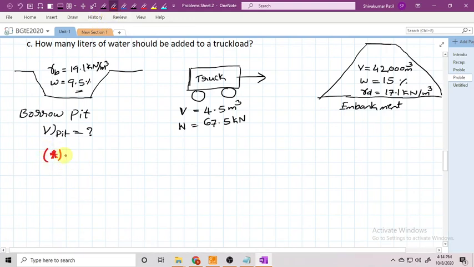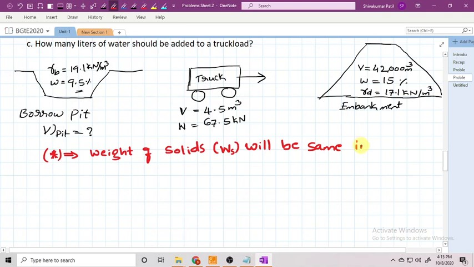Important note here: the weight of solids, that is W S, will remain the same in embankment and borrow pit.